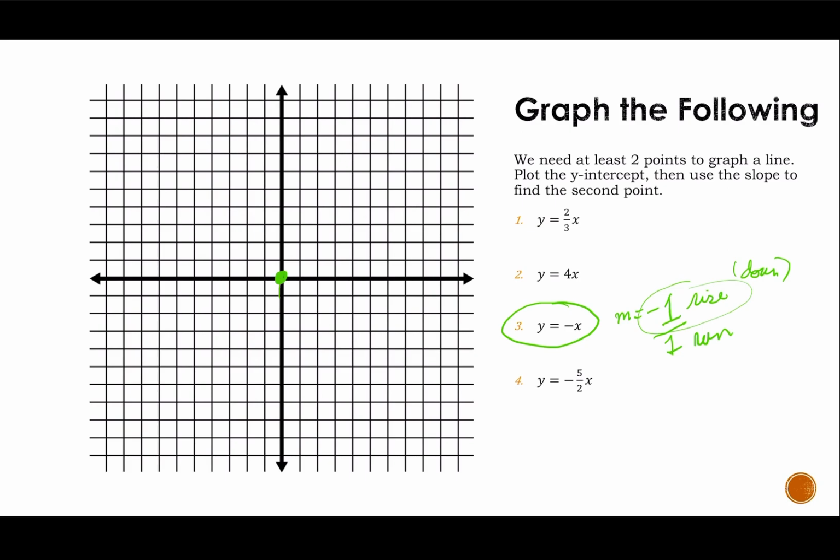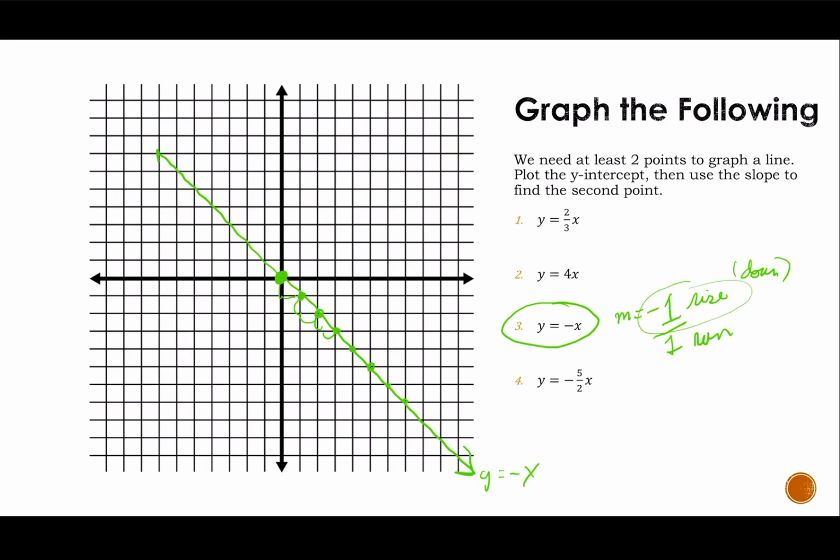I'm going to go down 1, over 1. Down 1, over 1, right? I can kind of notice a pattern. So this would be the line y equals negative x. It's got a negative slope. Sometimes we label our lines.